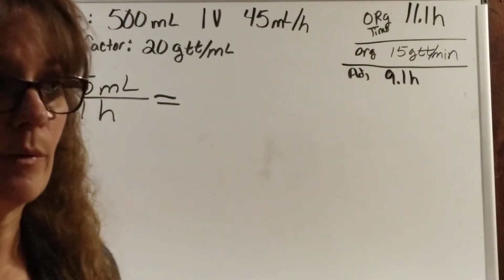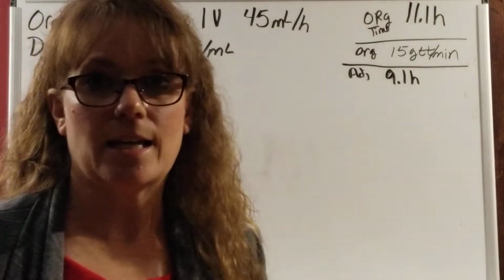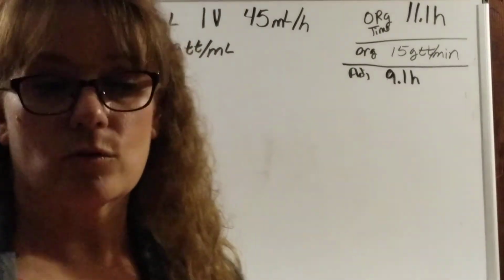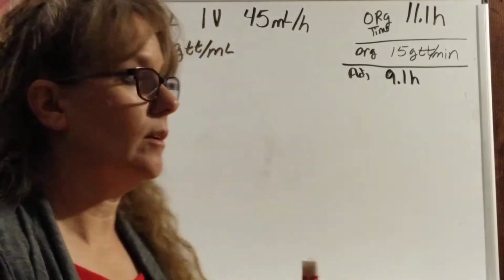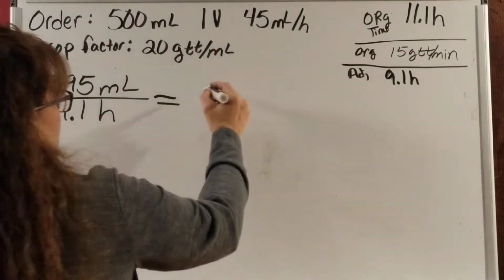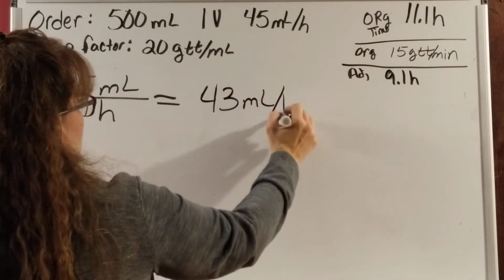Guys, the reason why we round on this infusion is because we can't take half of a drop, or 3/4 of a drop. We're not going to be able to just cut it off in mid-drop. So we got to round to the nearest whole number, which gives me 43 milliliters per hour.